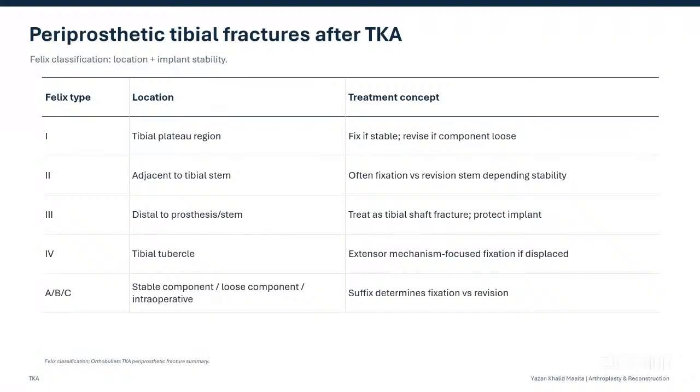Type 2, adjacent to the tibial stem, often fixation versus revision stem depending on the stability. Type 3, distal to the prosthesis and the stem, treated as a tibial shaft fracture. Type 4, tibial tubercle, extensor mechanism failure, focus on fixation if displaced.